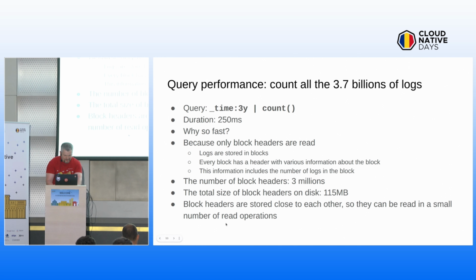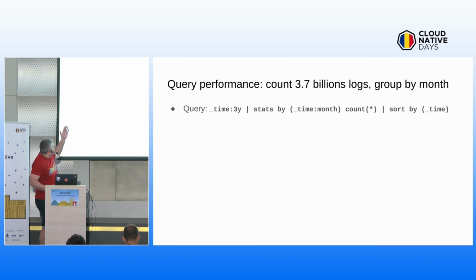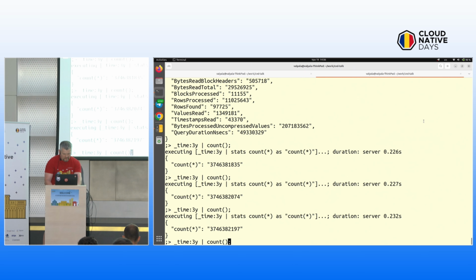Okay, let's go further. Another example: let's count these logs and group them by months. You can use this query. It selects all the logs and then performs the stats pipe, which groups logs by months and counts the number of logs, and then sorts the results by time. Let's execute this query here.